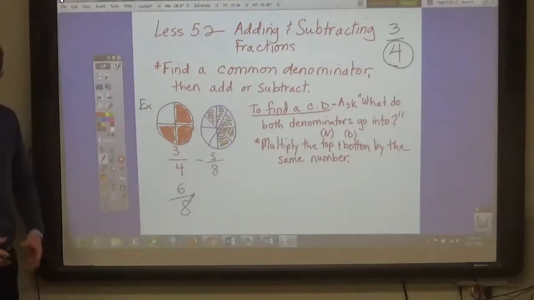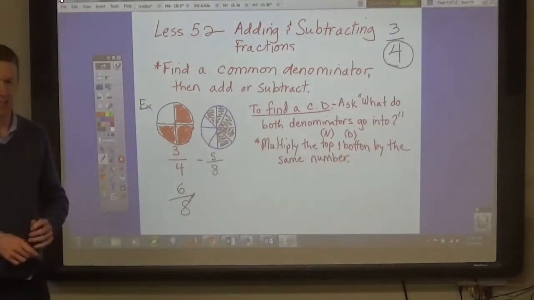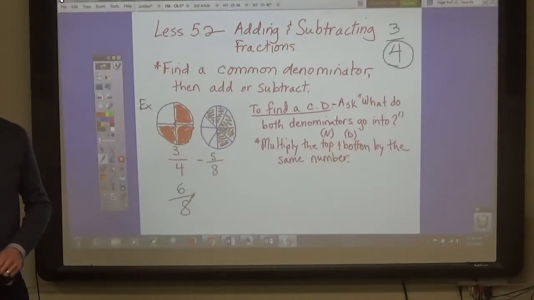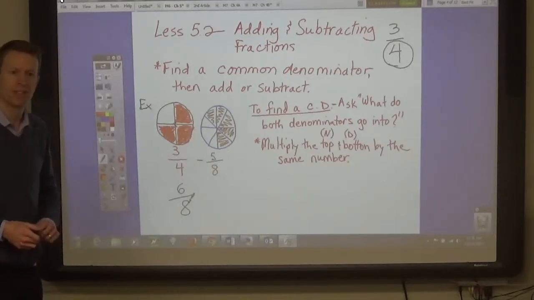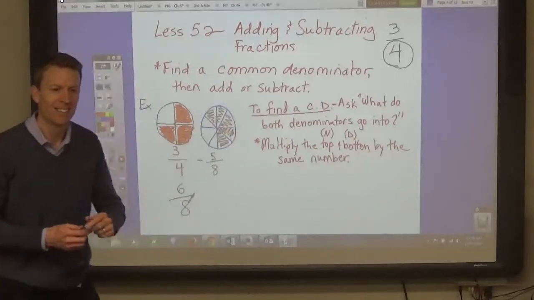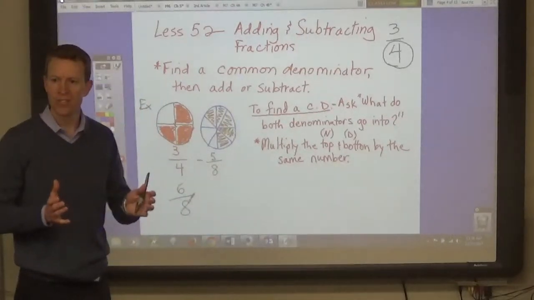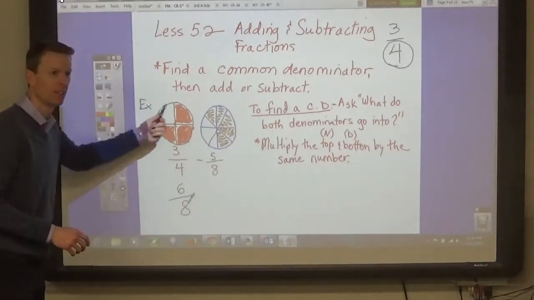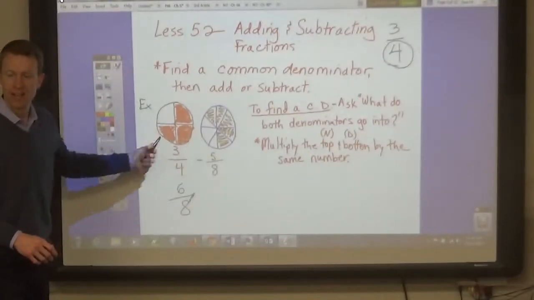Okay? Now, what are we literally doing to the pizza? How are we changing it to 8s? How are you changing it to 8s if you have 4ths? Allison?